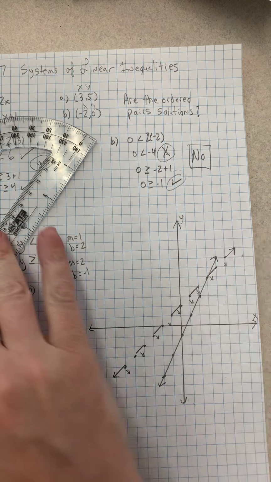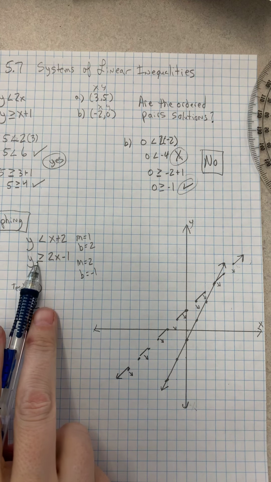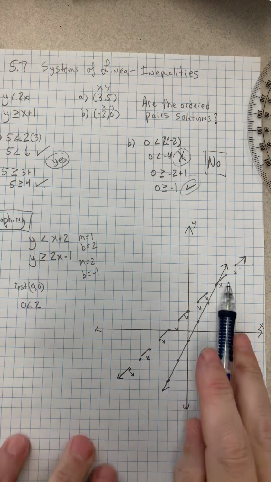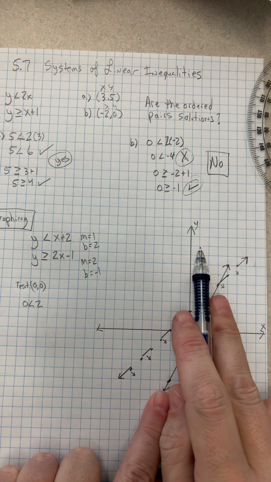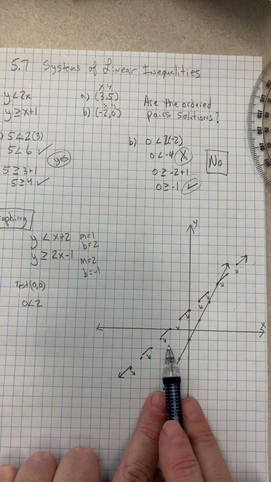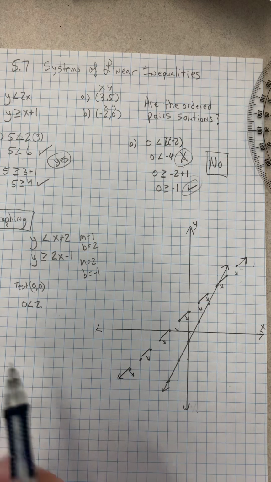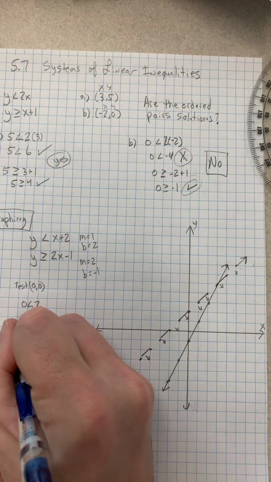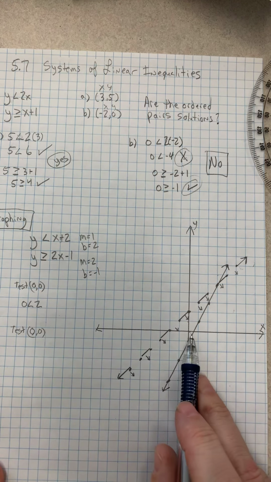Now I've got to determine which side of the line I have to shade. Again, if I want y's that are greater than this boundary line, that's going to be y's above it. That's where y is getting bigger. You're going to want to shade to the left of this line. Or you could test 0, 0 in the second equation. Why do I choose 0, 0? Because it's easy.